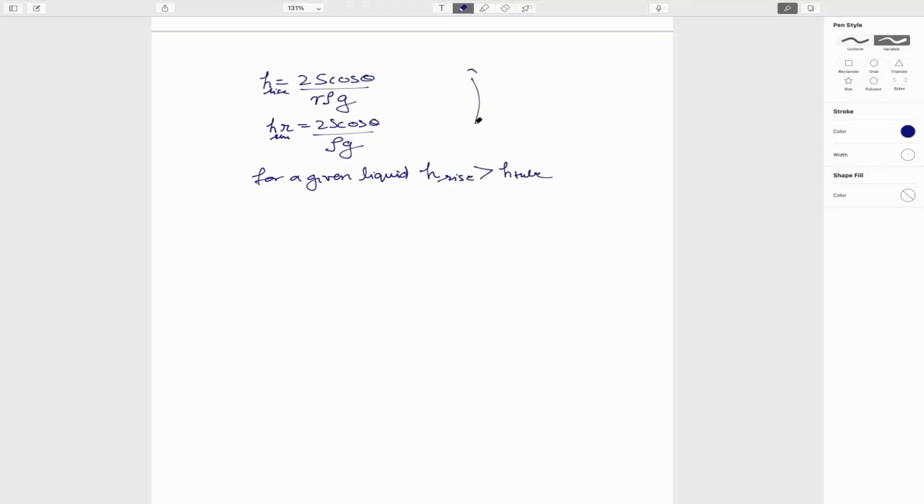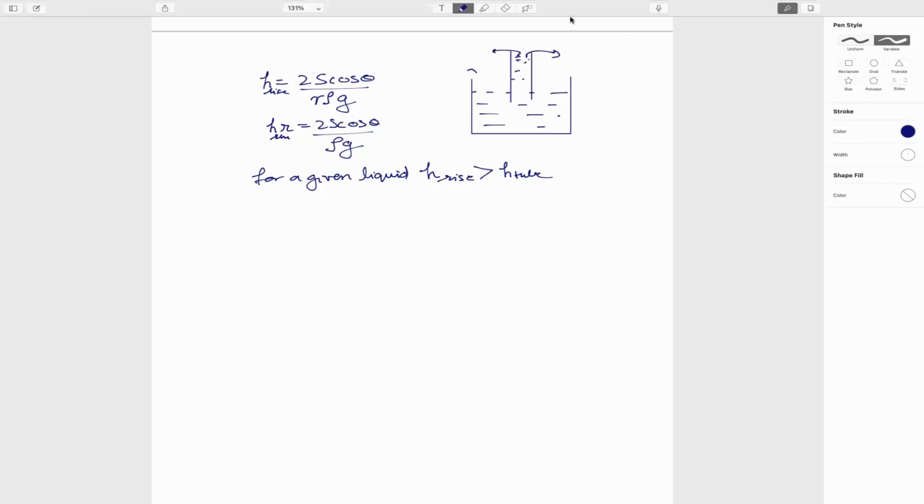So if you have given a tube such that the liquid rises till the top, what will happen? Whether it will fall outside or not.